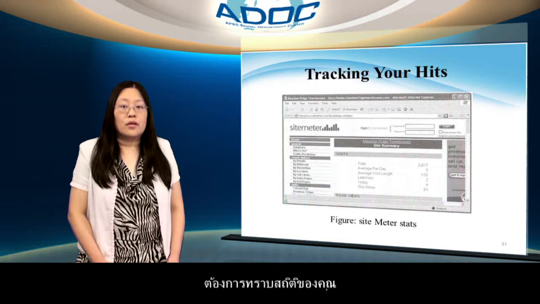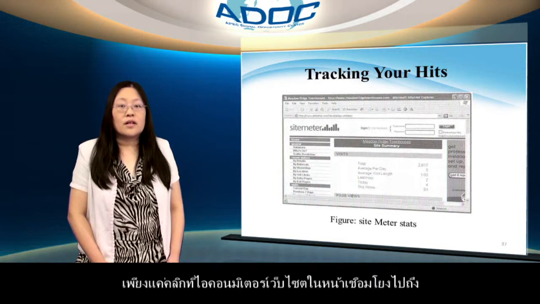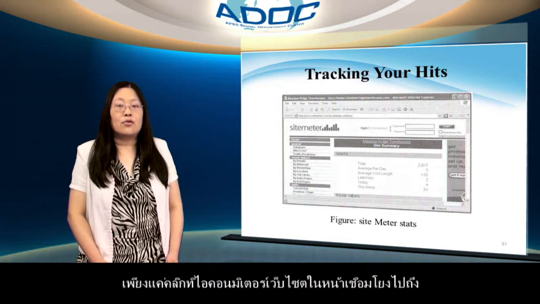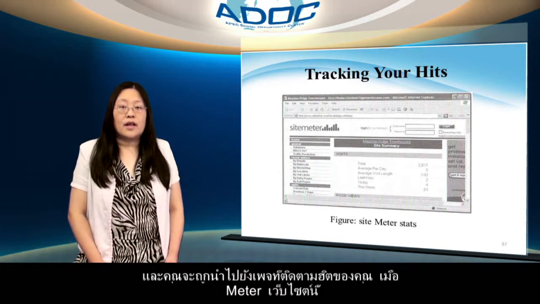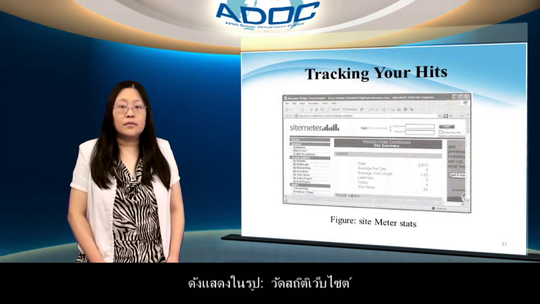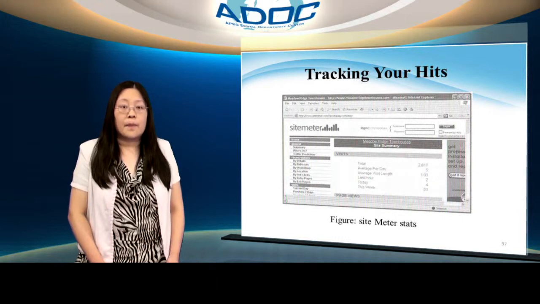Want to know your status? Just click the SiteMeter icon in your landing page and you'll be taken to the page that tracks your hits on SiteMeter, shown in the SiteMeter status figure.